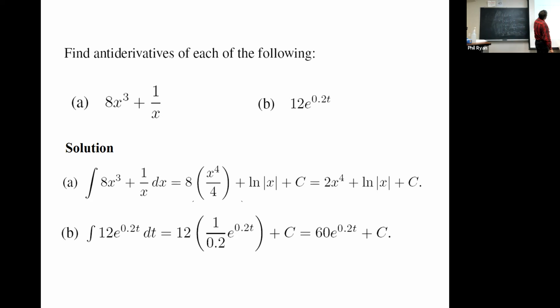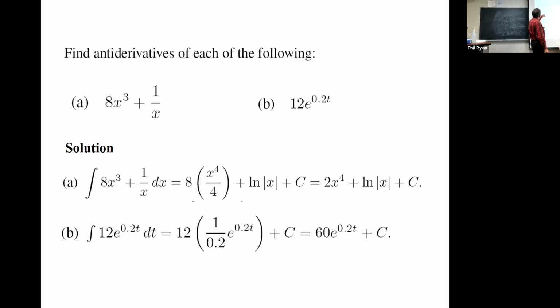So we're going to find the antiderivative of 8x cubed plus 1 on x. It's going to be 8 times the antiderivative of x cubed plus the antiderivative of 1 on x.